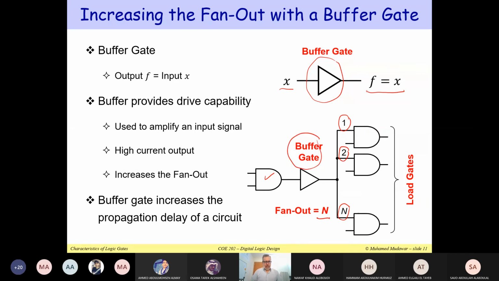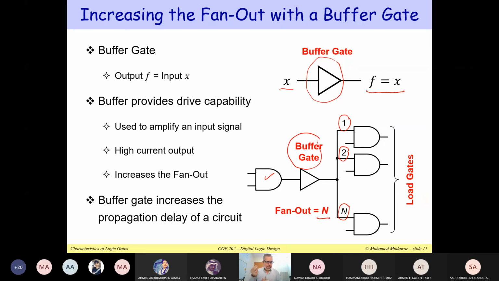The buffer gate will take the small current output of the AND gate and amplify it to produce a high current output, so that this current can drive the inputs of all of these N gates. This way we can drive all of these N gates and increase the fan out. So that's the benefit of the buffer gate. When you have a large fan out, we use buffer gates for that purpose.